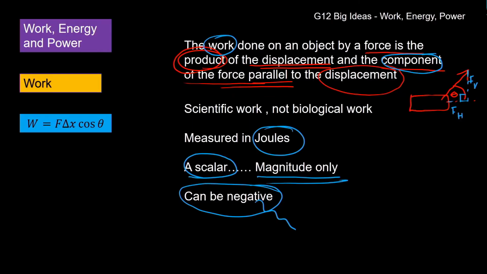It's removing work that should have been done in an ideal situation to move the object. It's taking away from that system. So if work is taking away from the system, then we have a value which is negative. Okay, so this negative refers to work that's being taken out of a system.